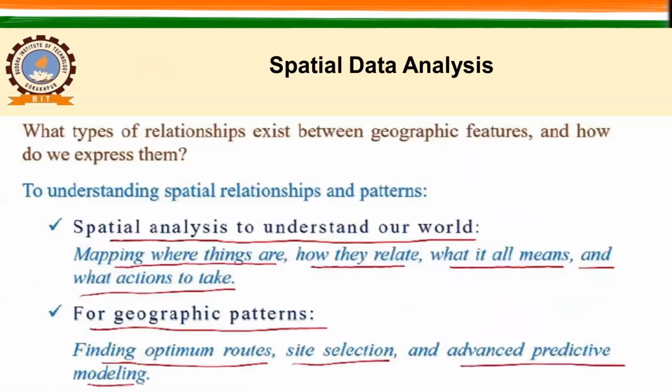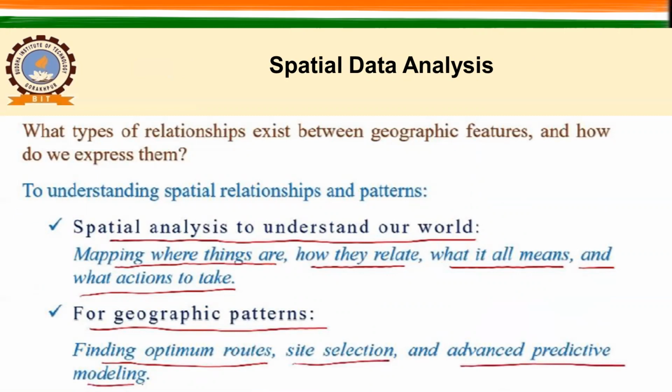Now we have to cover this topic, that is spatial data analysis. What type of relationship exists between the geographic features and how do we express them? That we can do with spatial data analysis.